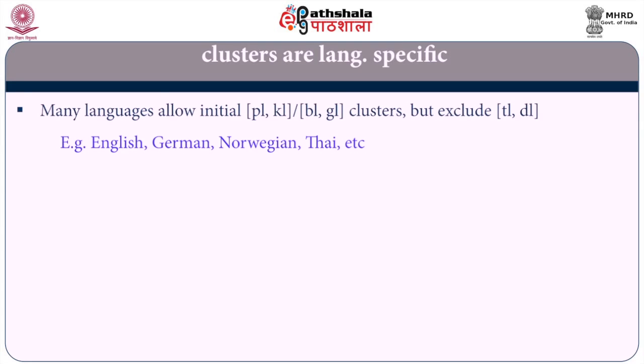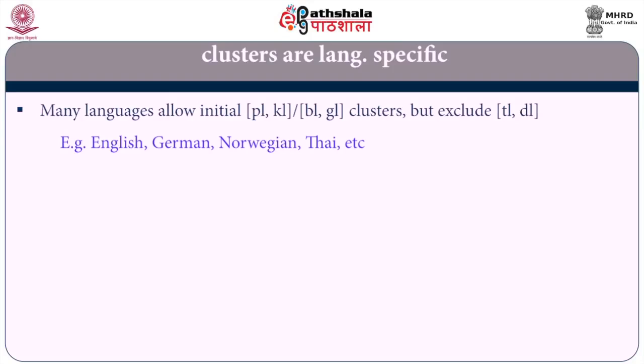Alright. So you also know that words have clusters in them. You know, kla, samyuktaksharam. In Telugu we say that, I think it's there in Sanskrit also. Many languages allow kla, bla, gla, like English, German, Norwegian, Thai. But all these languages don't allow tla and dla. Why?